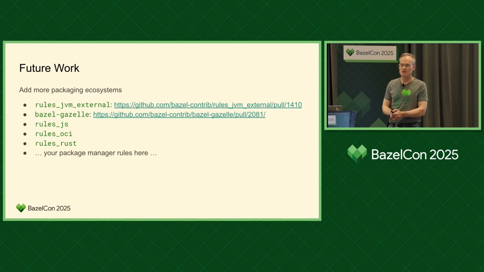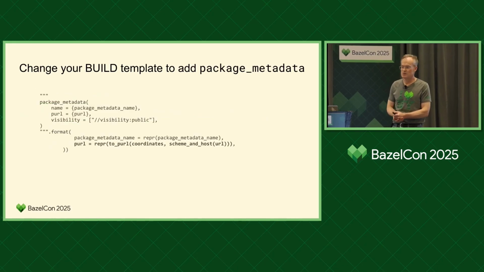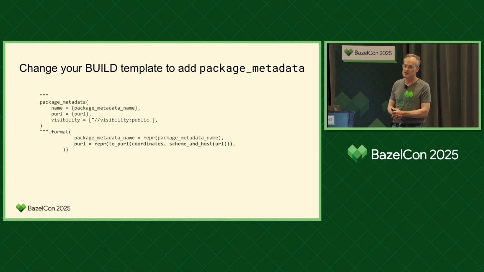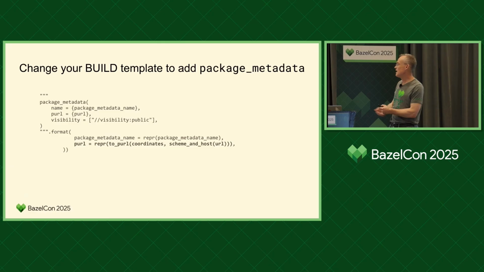These pull requests are not particularly complicated, but they're more than I can put on a slide. But I just wanted to show you, typically in such a module extension, you're going to stamp out a build file somewhere. You'll have a template for that. And more or less, this is the kind of thing they'll be adding. You'll be adding a package metadata rule into that build file template. It will have the Perl for the package manager.